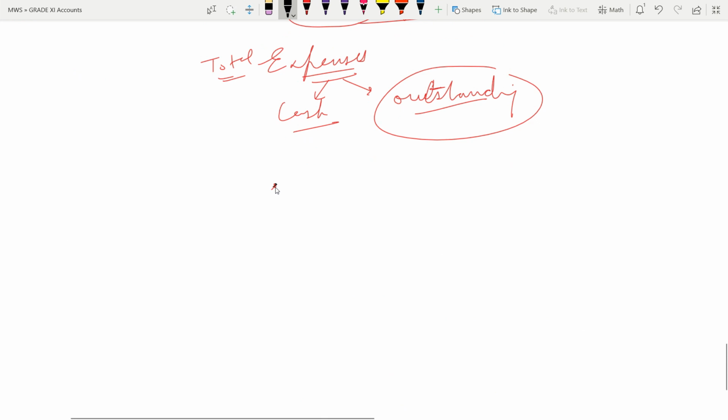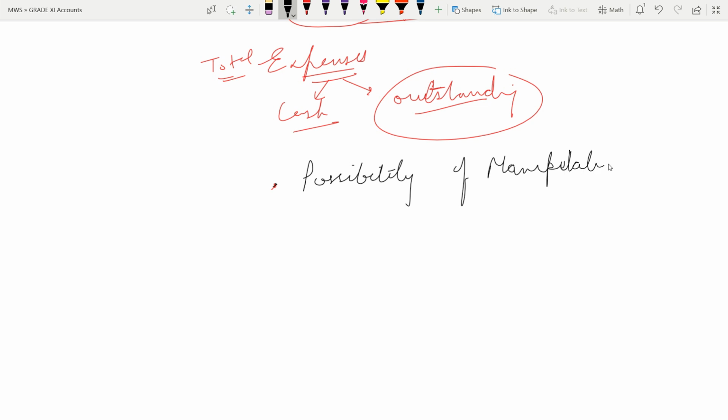There is one more point, that there is a possibility of manipulation of profits in this basis of accounting, because payments can be delayed or made early.